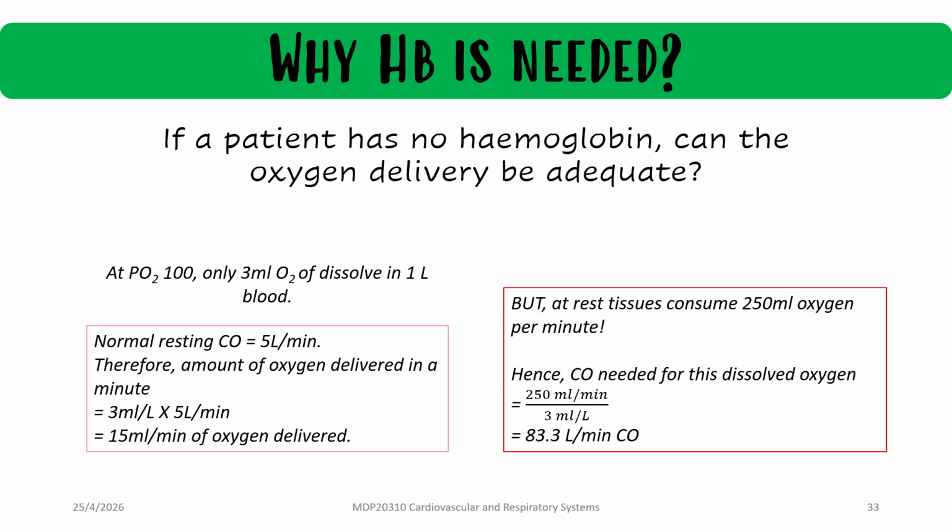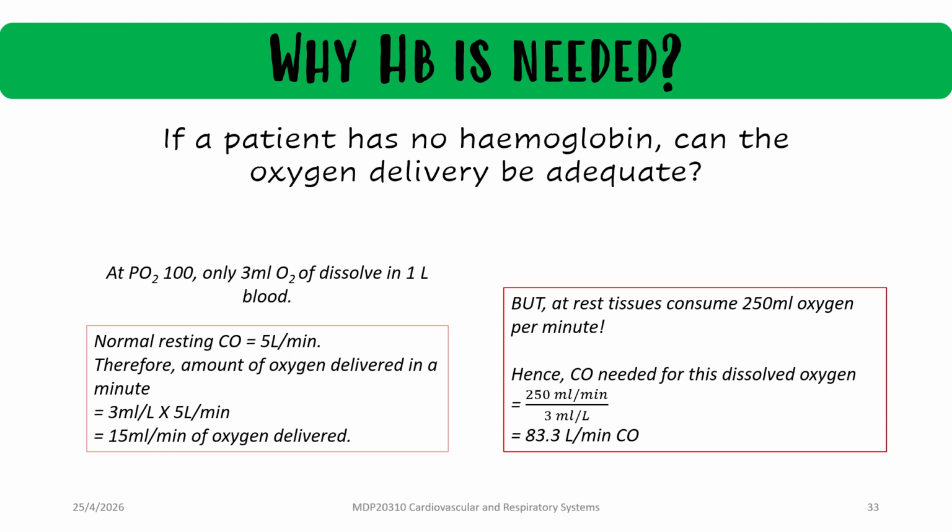Therefore, without hemoglobin, only 15 mL per minute of oxygen can be delivered to our body tissues, which is not adequate and does not meet the normal tissue consumption of oxygen, which is equivalent to 250 mL of oxygen per minute.